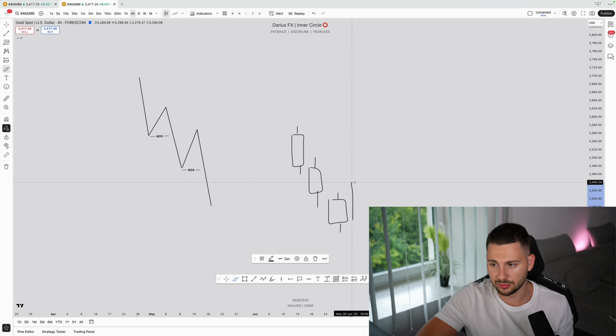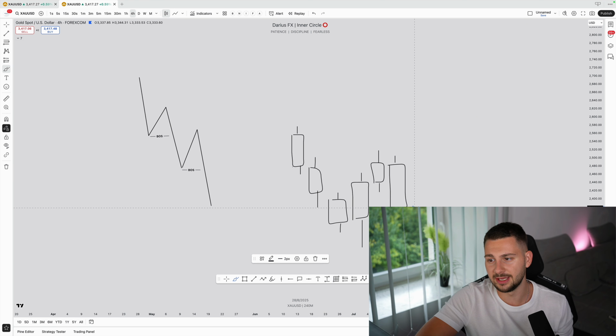Now price is pulling back like this, and now price is finished with the pullback and it drops lower, providing a candle like this. Now this is going to be a bearish BOS, right? Because we print a new candle and this candle closed through the low perfectly.